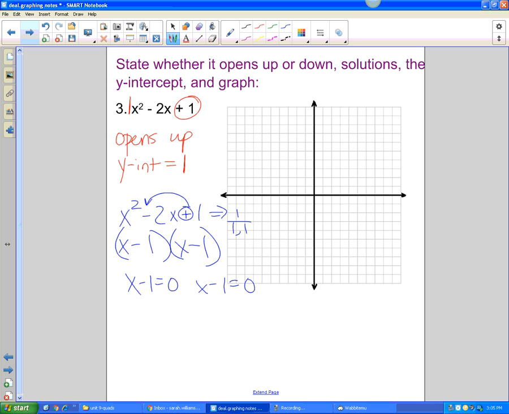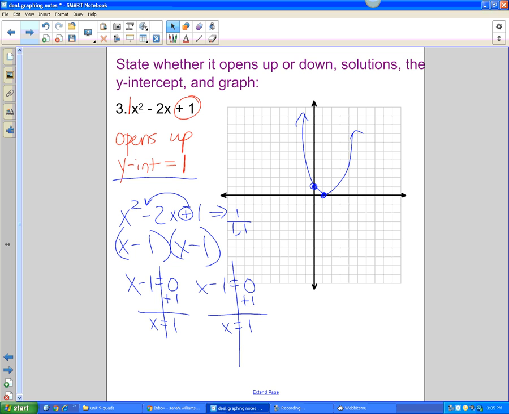You'll notice on this one that they both give you positive 1. So it crosses the y-intercept at positive 1, and it crosses the x-axis at positive 1. And it opens up, so it's going to kind of look like this.